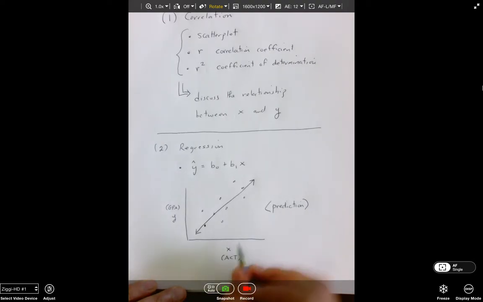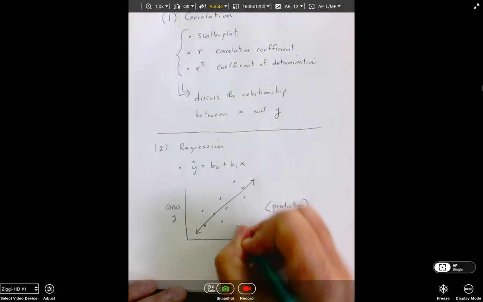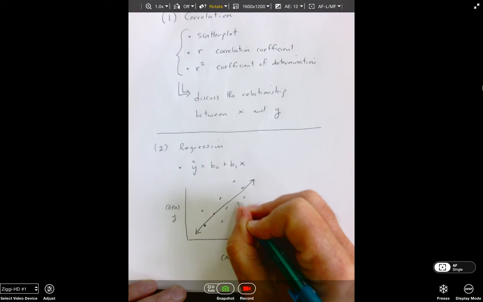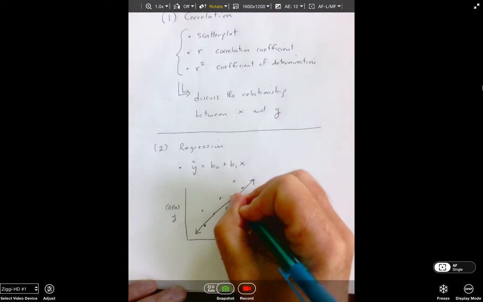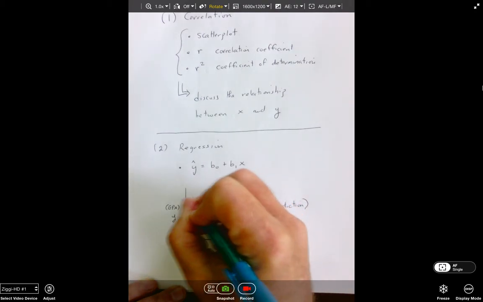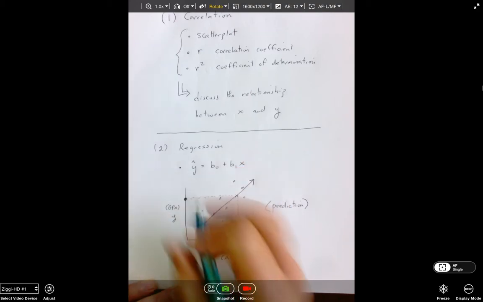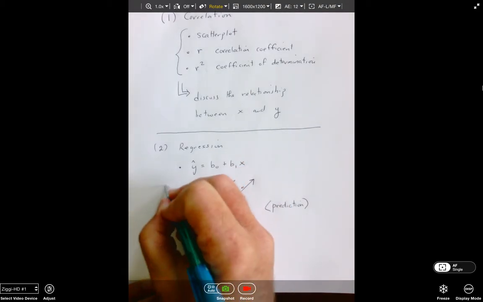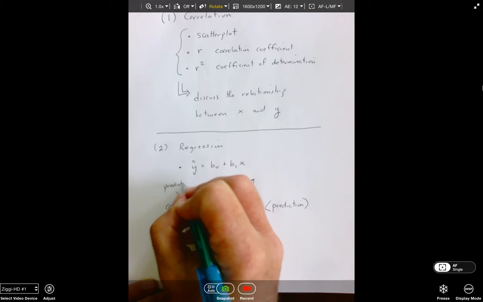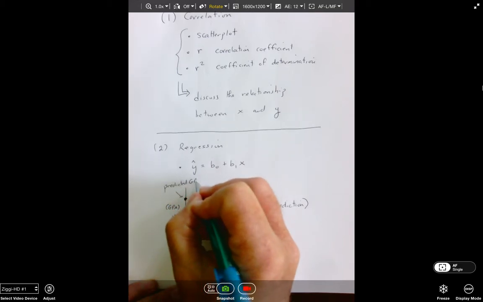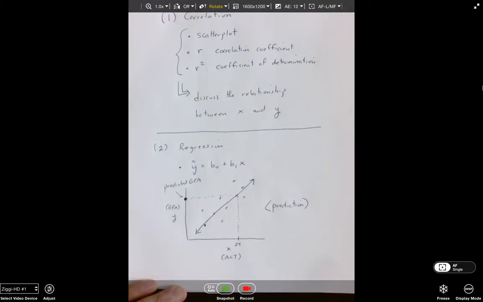Well, if we have a future student coming in who has an ACT of 24, we could go up to our line that we created and get what we call a predicted GPA based on our model.